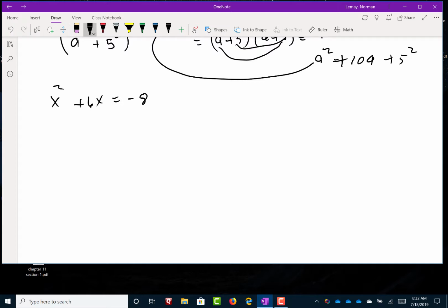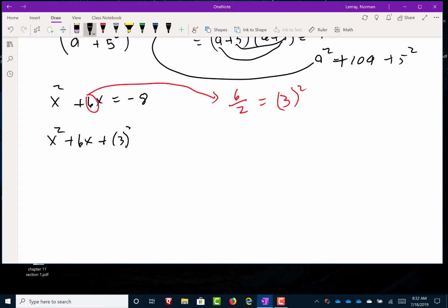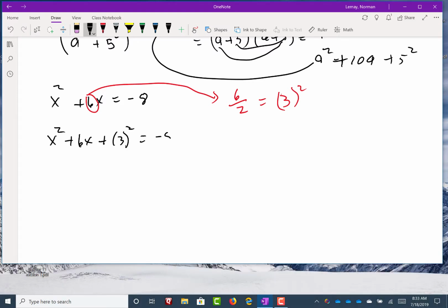All right. So again, as we were saying before, we'll just grab this 6. I'm going to bring it over here, and 6 divided by 2 is equal to 3. And then we're going to go ahead and square that 3. So let's just note that if I go x squared plus 6x plus 3 squared equals negative 8, and notice that what I add to the left side, I now have to add to the right side.